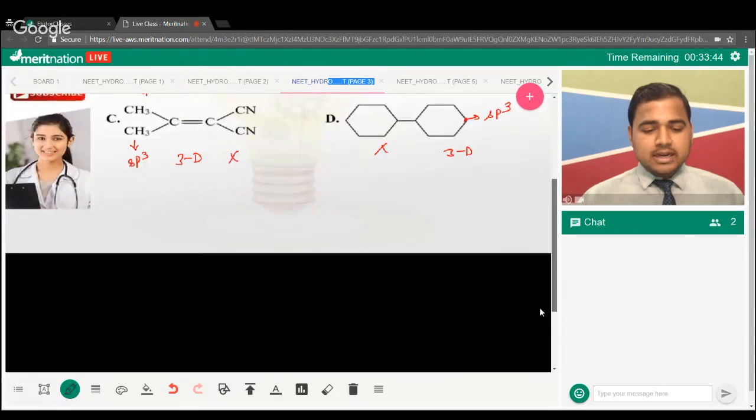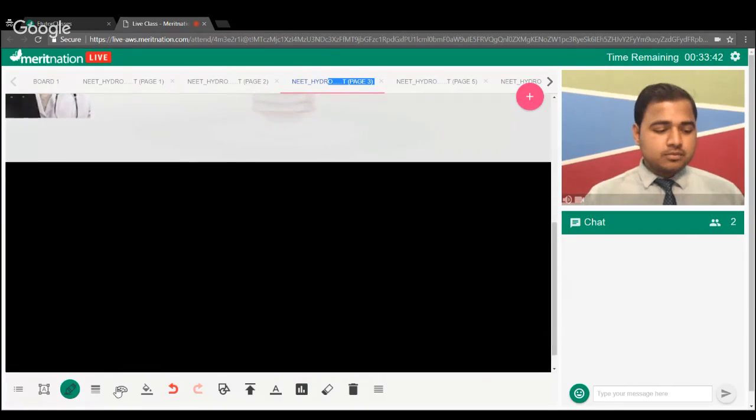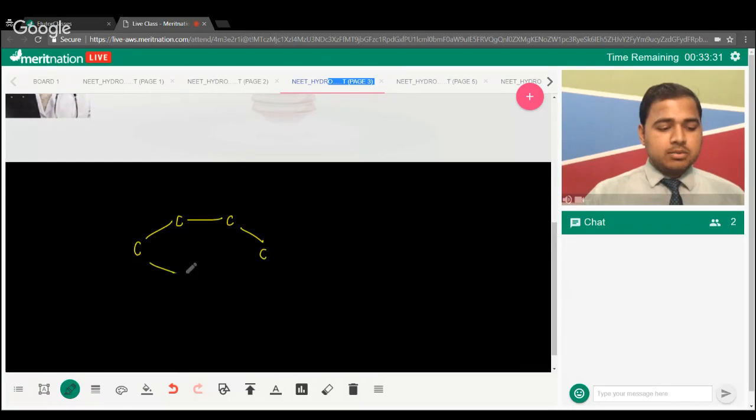You can also draw it like this. You can see here, suppose this is the carbon, this is the carbon, this is the carbon, this is the carbon, this is the carbon, and there is another carbon. This is the biphenyl that I'm going to show, this one, and there are alternate pi bonds.